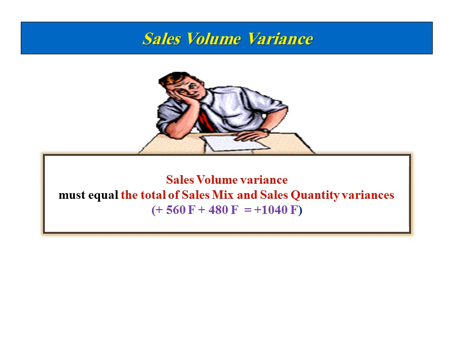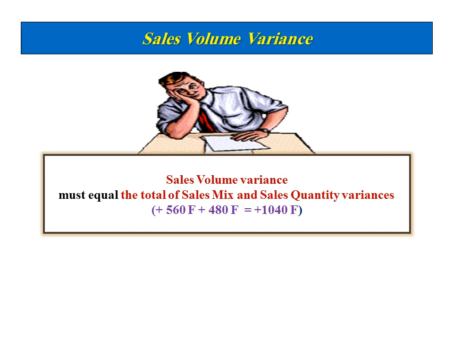After calculating sales mix and sales quantity, I can go to the last level of analysis. I mean, I will analyze the sales quantity variance into what? Do you remember?